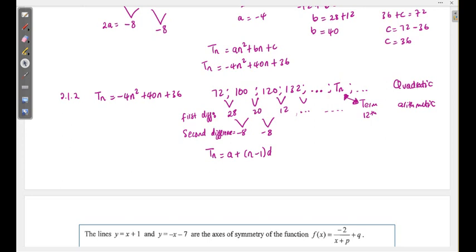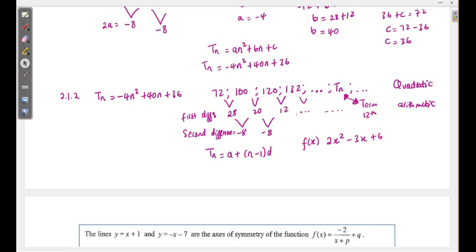A way to look at it: if I have a parabola, I can take any random equation. Let me take 2x squared minus 3x plus 6 as my f of x.